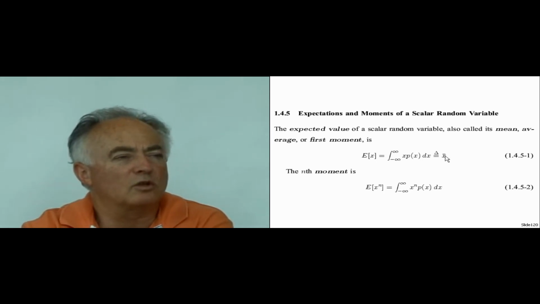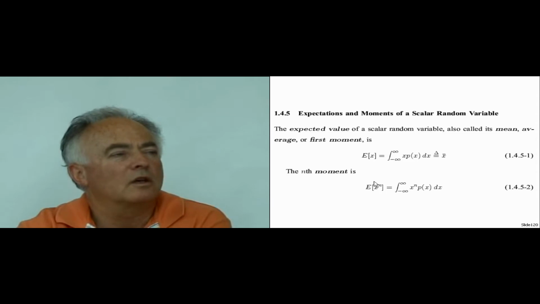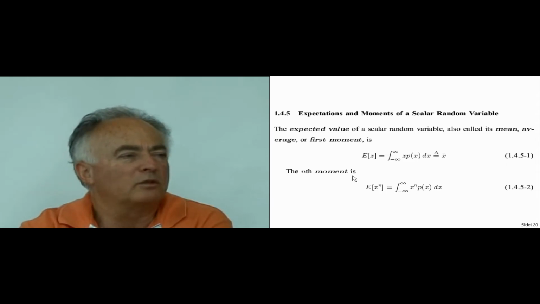And this is denoted in the concise manner by an x bar or x over bar. The nth moment is going to be the expected value of the nth power of x, and this is the integral x to the power n px dx.